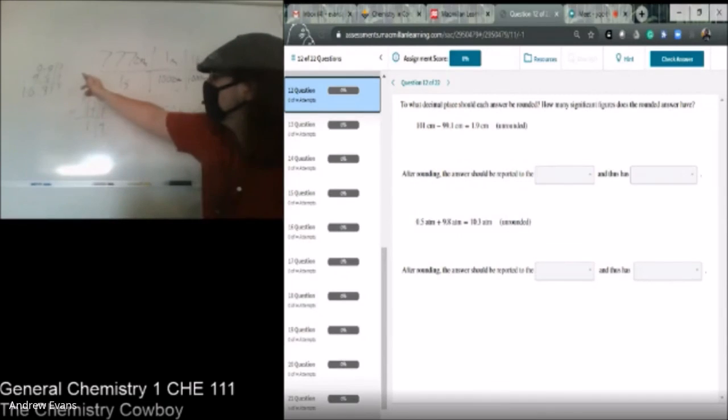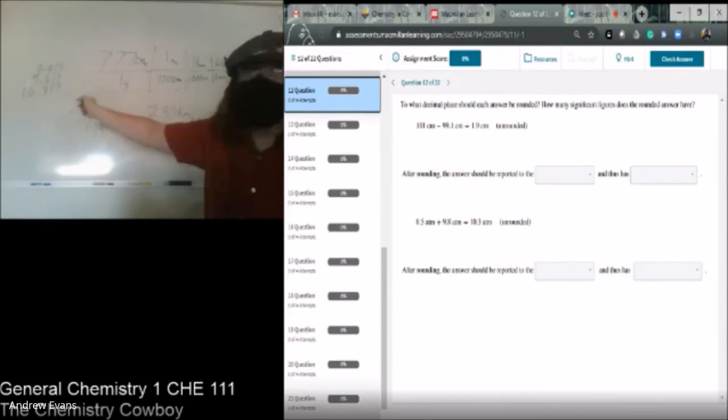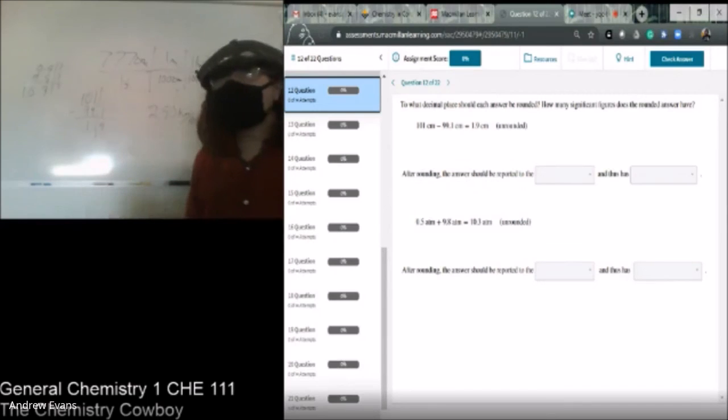Both of them have a sig fig at the tenths place, so neither of them loses. In the previous one, one had a sig fig at the ones place, one had a sig fig at the tenths place, and so we lost at the tenths place. Now when we do multiplication or division, remember we keep the number of sig figs, not the places of the sig figs, because we can vary so wildly.